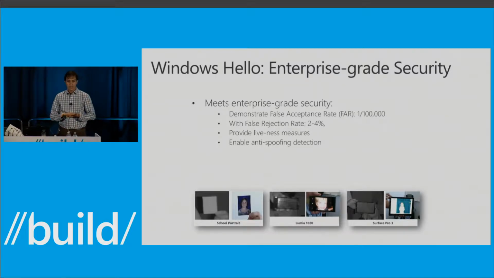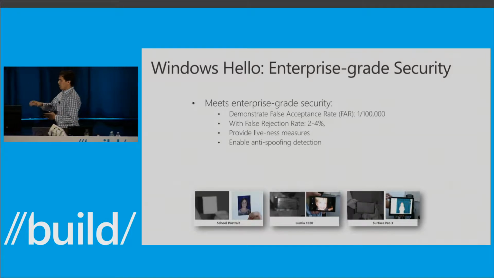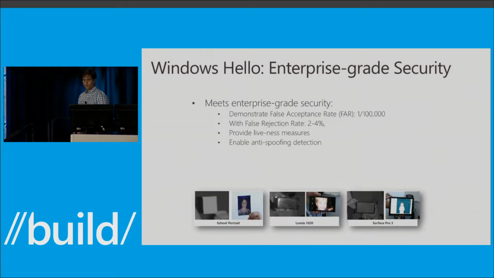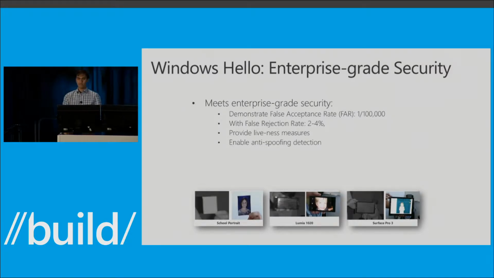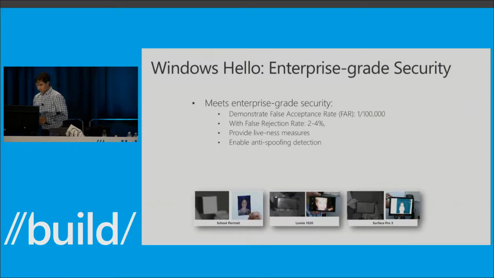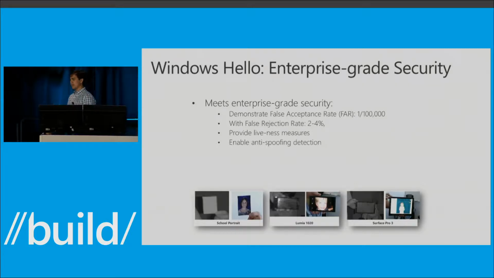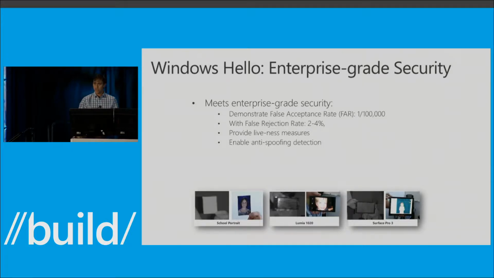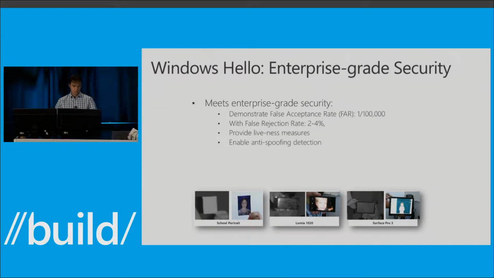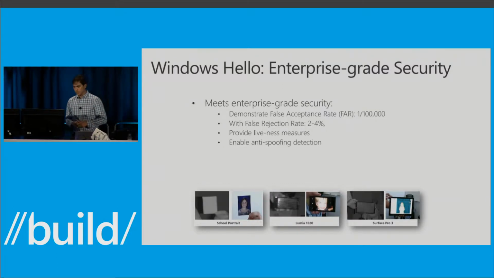There's nothing that it can register with. You can also have the same experience if you hold your phone or your tablet in front of the camera. As you can see, they don't provide any data for the sensor. So it's a technology that is pleasant to use, it preserves your privacy, and it still meets the security requirement that is set by one of the strictest requirements set by our customers.